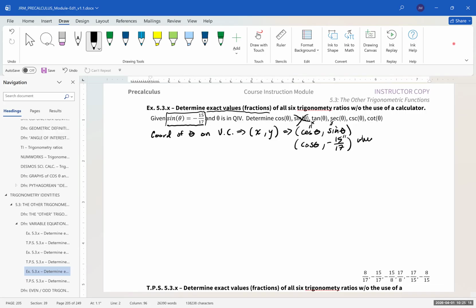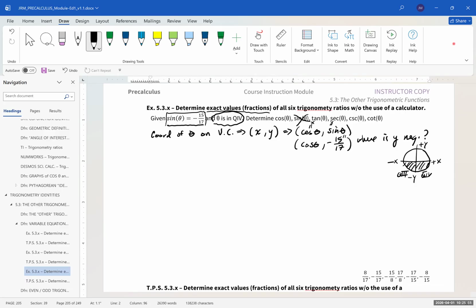Now, where is the y value negative in the unit circle? Well, if we look at the unit circle, we have positive x, positive y, negative y. And so the quadrants where y is negative are quadrant 3 and quadrant 4. Now, to help us narrow that down, we are told that our angle is in quadrant 4.